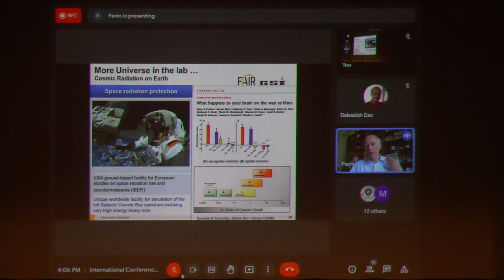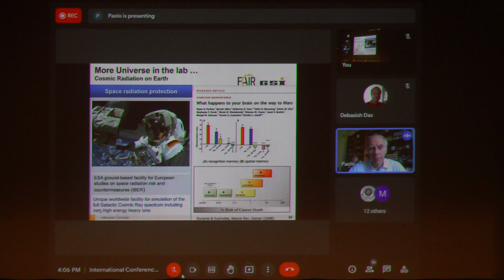But then you can go and look at the universe outside, the universe in terms of radiation from the universe. And there you will find that at the moment we are all excited about the future of space exploration with long trips, going to Mars, long periods in space.